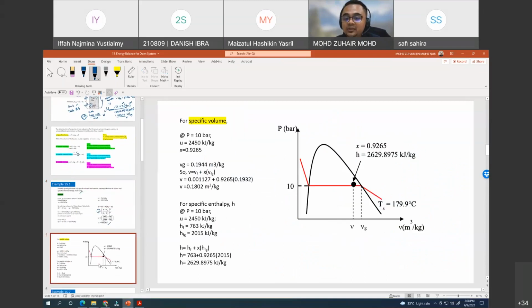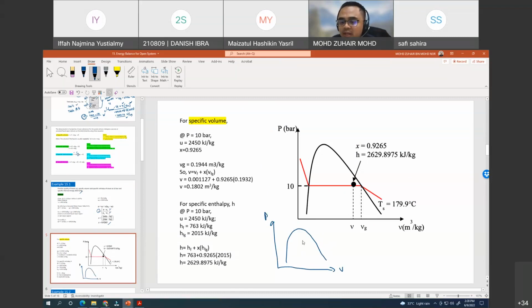Or maybe I can ask a question: please draw a PV diagram and determine which part is the X. So you have to draw the PV diagram, and then the curve, the dome. This is P, this is V. And then where is the X?